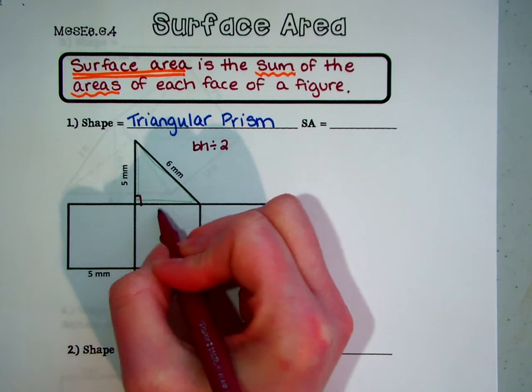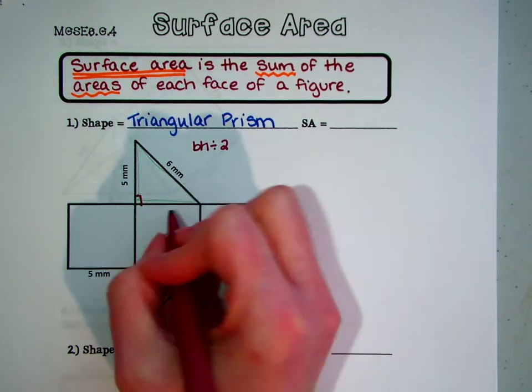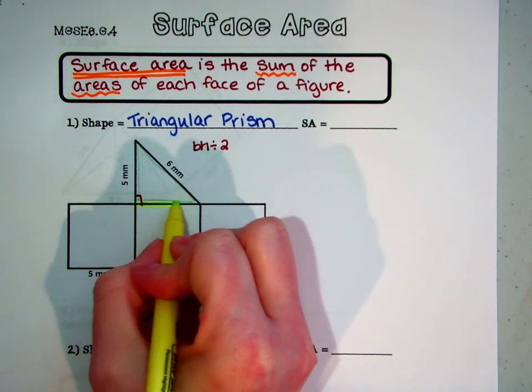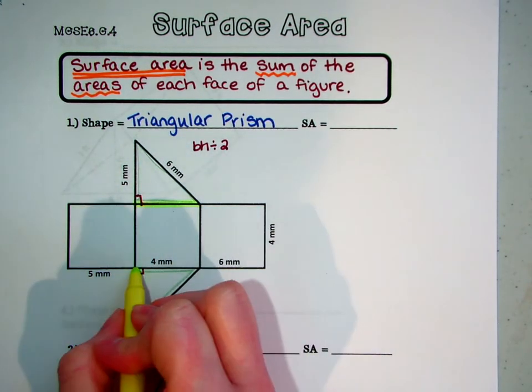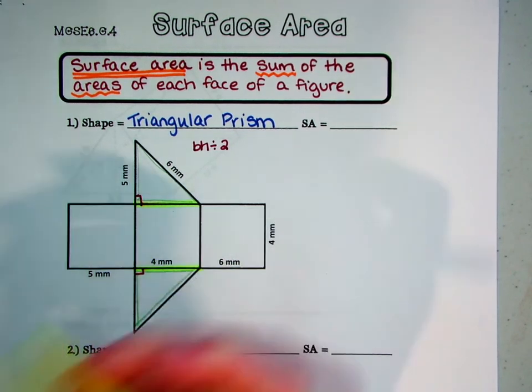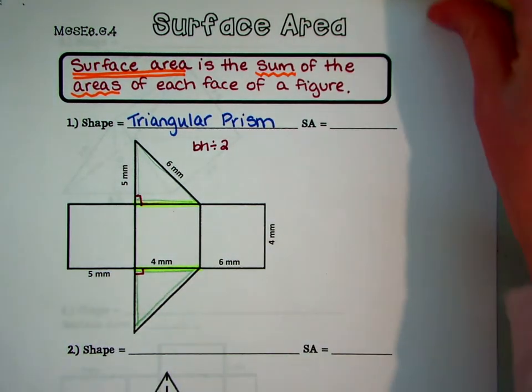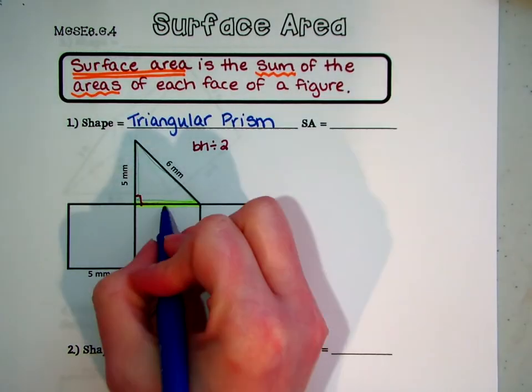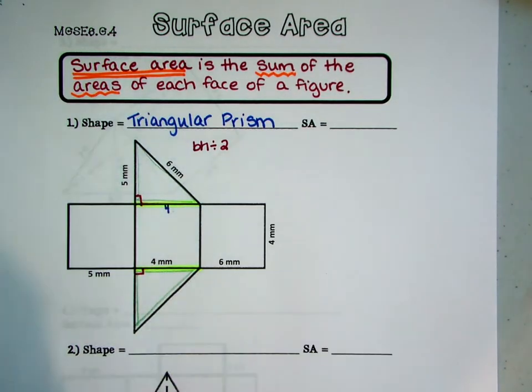Base and height are here. Because this guy's just on the bottom here, I'm probably going to refer to him as the base. And we need to figure out what he is. And if you're paying attention, you happen to have a highlighter, these are the same. So he is 4. He's 4 millimeters. And to prevent myself from getting confused, I'm going to go ahead and write a 4 right there.